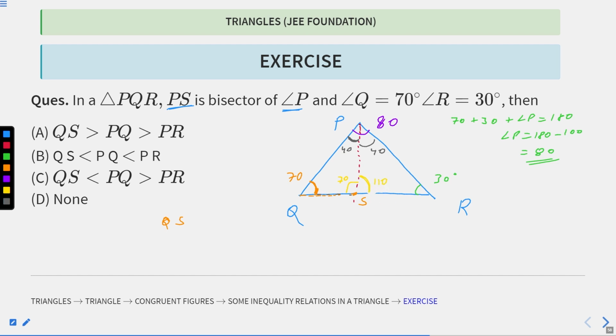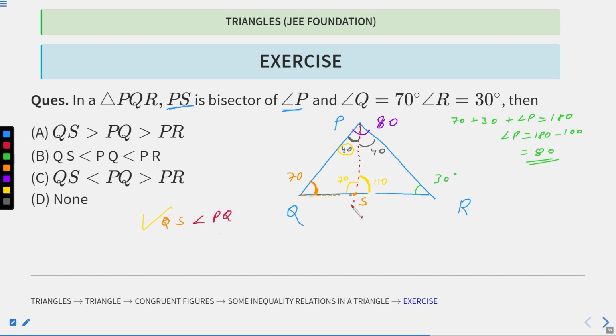So this angle is 110 degrees and this angle is 70 degrees. Now, the smallest angle is this. So from this I can say that QS is less than the side PQ, and also QS is less than the side PS. We are taking just this inequality: QS is less than PQ.